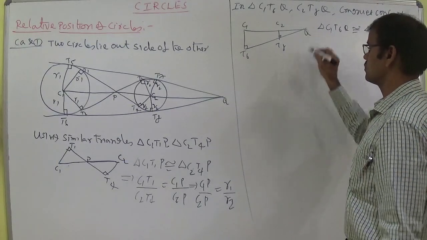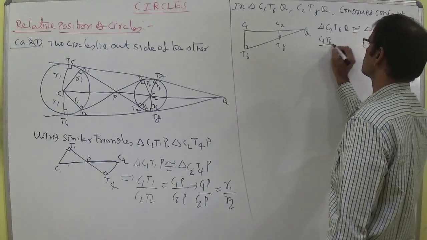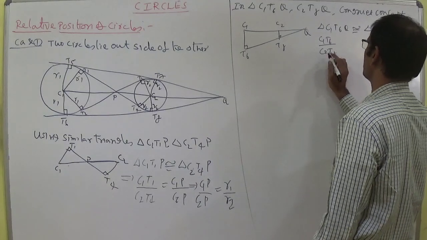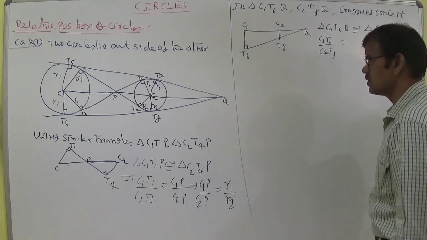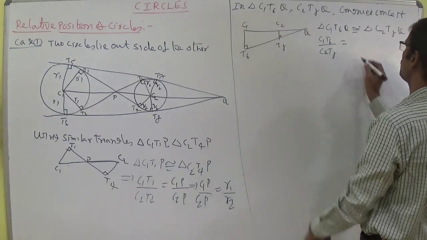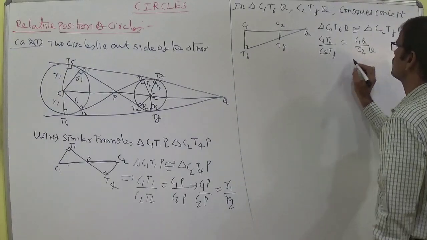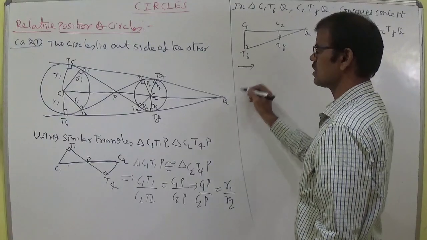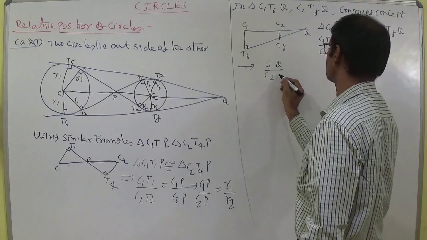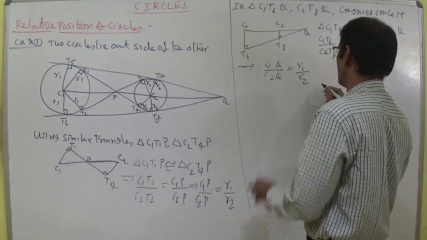Here this is Q. So you can say C1T6 by C2T8 is equal to C1Q by C2Q. That implies this is R1 by R2. Now you can write C1Q by C2Q is equal to R1 by R2.